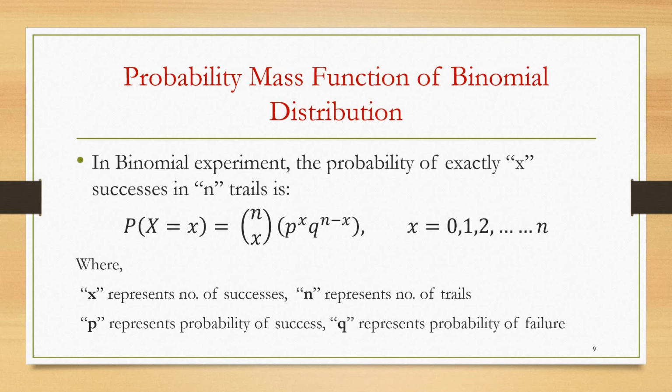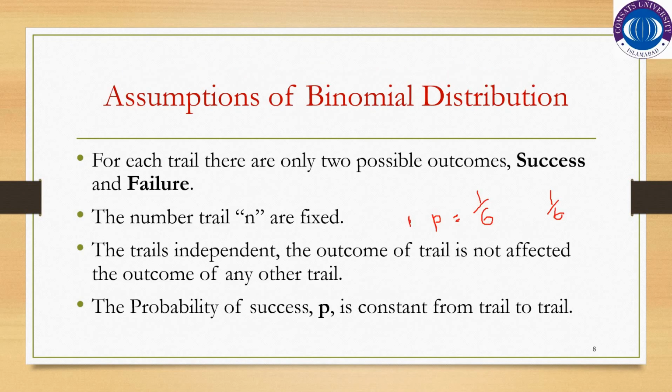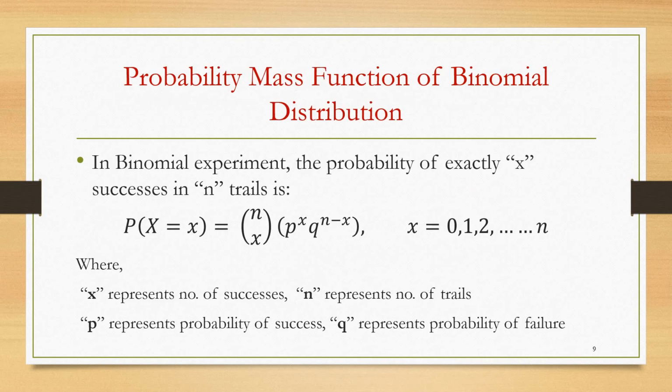Probability mass function of binomial distribution. When we get to know that these 4 assumptions are fulfilled by some experiment, then we say that this experiment follows binomial distribution. Now, if some experiment follows binomial distribution, then we can find the probability of any value of x by using the probability mass function of binomial distribution, which is predefined.